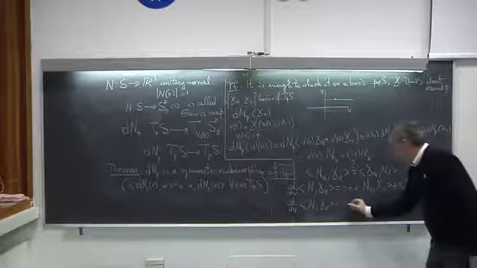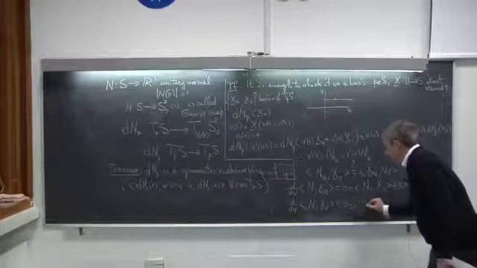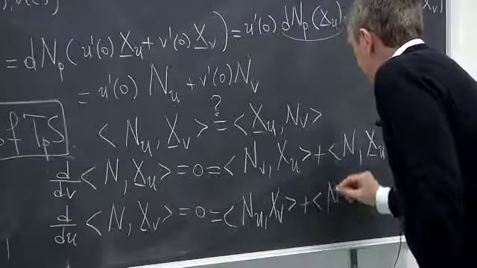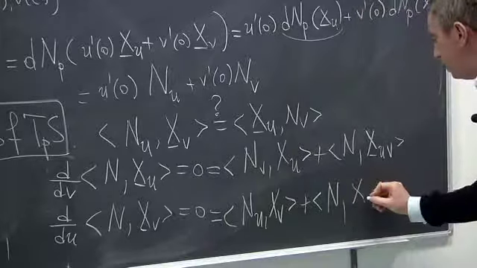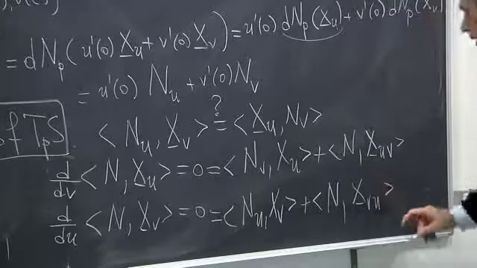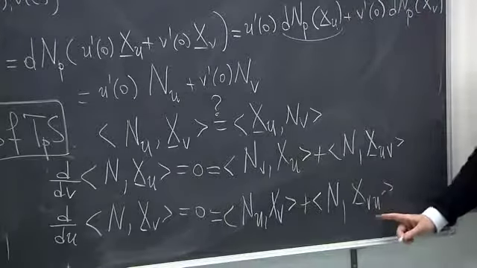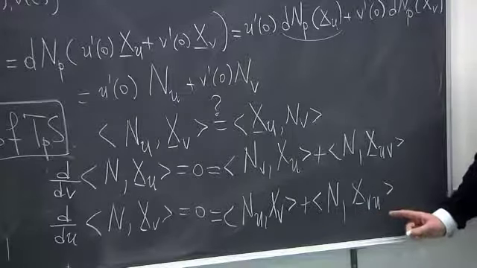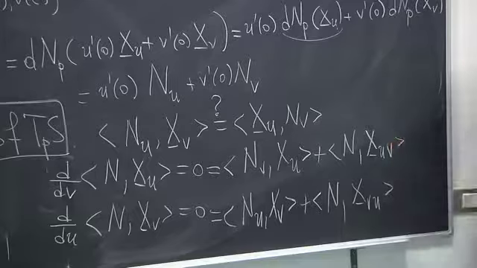And the other one becomes what? Nu xv plus n, well, I should say xvu, but then standard calculus tells me that the order is irrelevant. Xvu is equal to xuv. Okay?